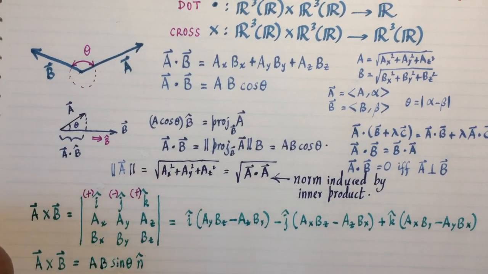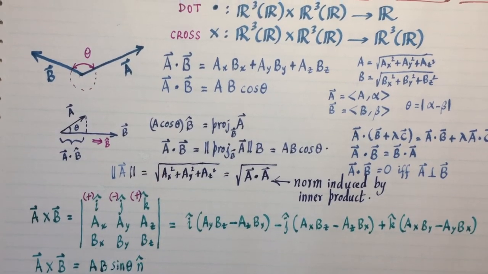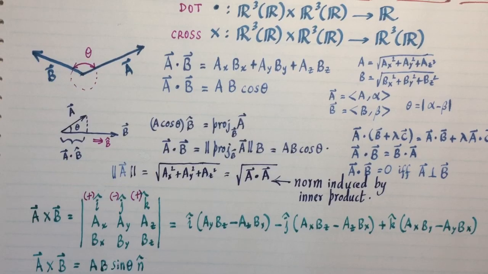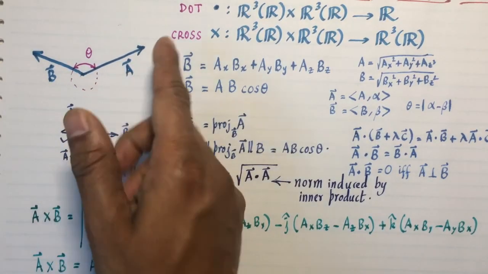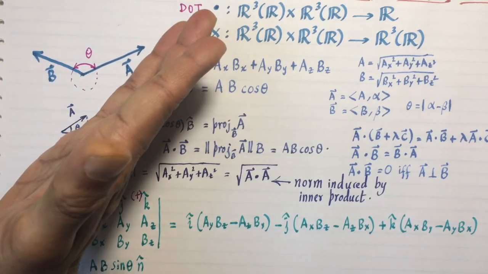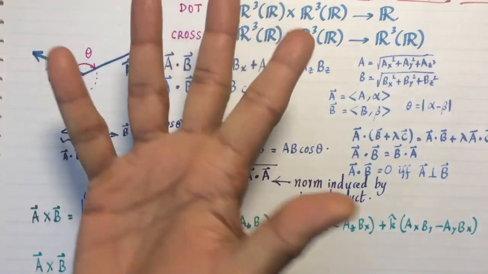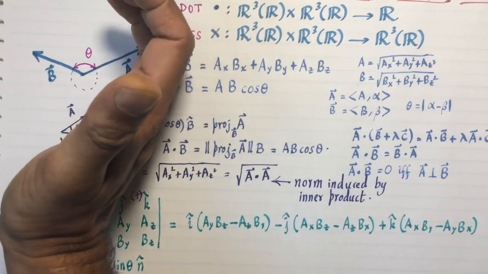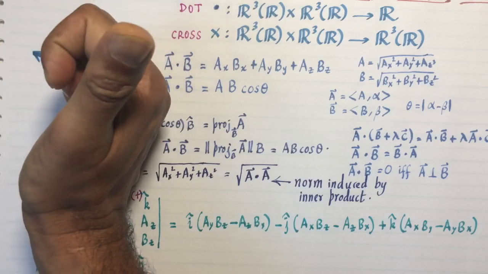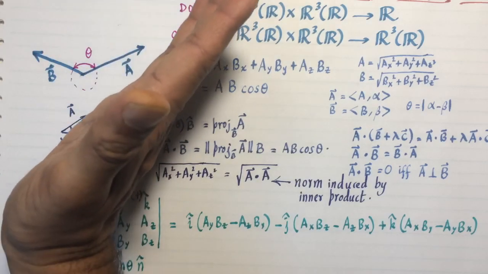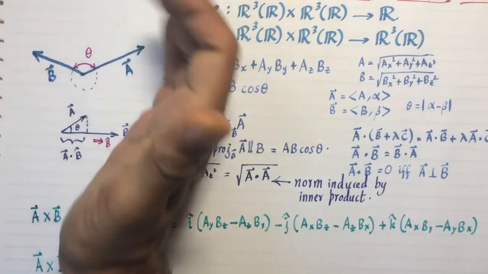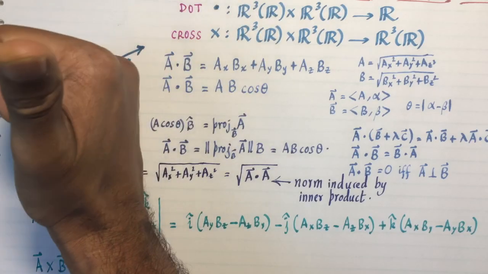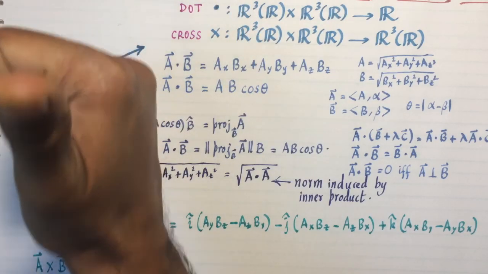How is this n hat defined? It involves a pretty hilarious procedure. You take the right hand fingers, those four fingers, not your thumb, and curl them in the only possible way you can curl them without going into the ER, and that is in this direction. Curl from A to B, and the direction of the thumb gives you n hat.